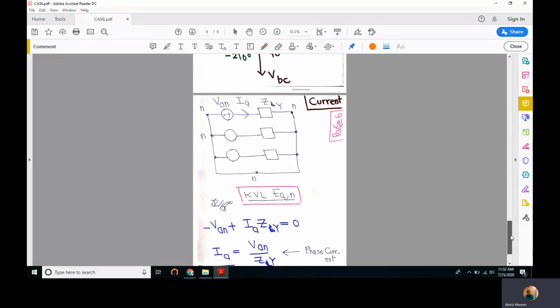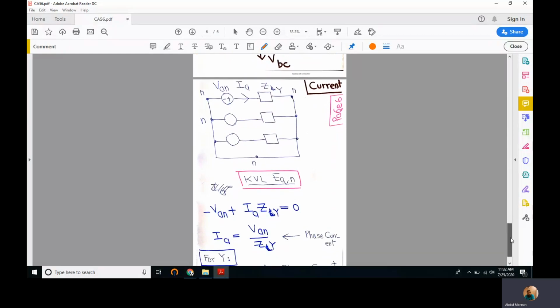So the last thing in today's lecture is that we will study the relationship for currents. We already know that this is neutral, so we have this IA current flowing between this source and this load ZY.